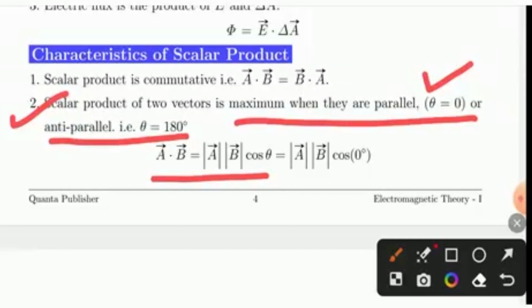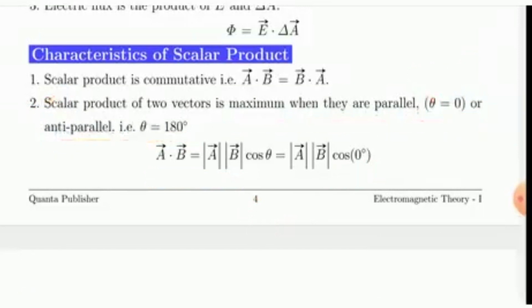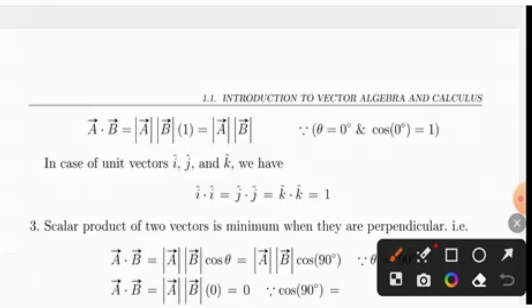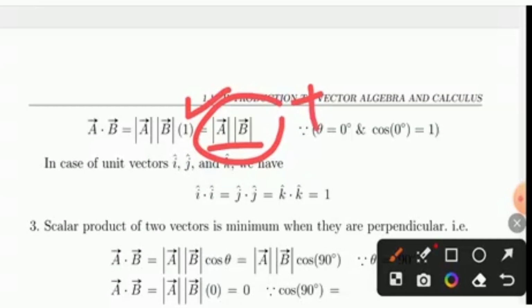A dot B is equal to AB cos theta. Now we use theta equal to 0 degrees when these two vectors are parallel to each other. We know that cos 0 is equal to 1. So by replacing its value over here, we will get A and B. So A dot B is equal to AB, and this product is positive, strictly positive.